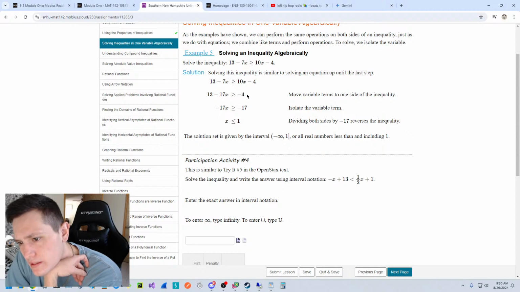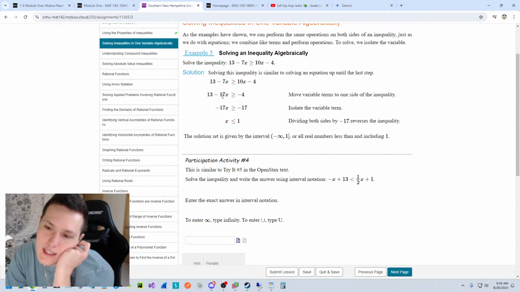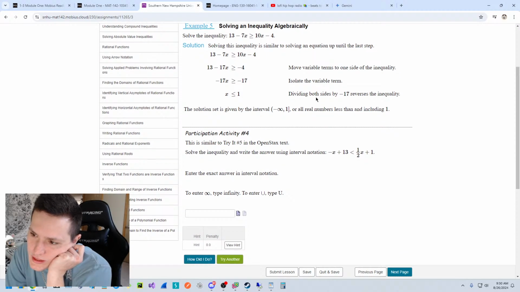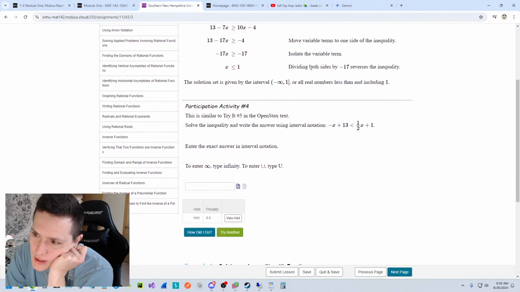No, that doesn't make sense. I see what they did though, and then they basically make it equal 1. They subtracted negative 13 from negative 4, which gave them negative 17. Okay, I see now. Yep.